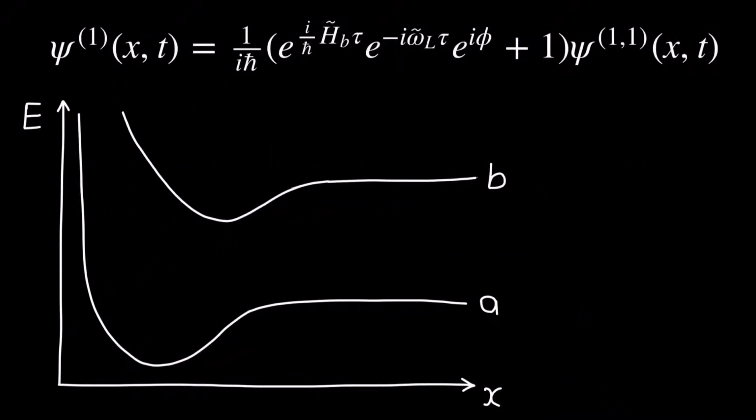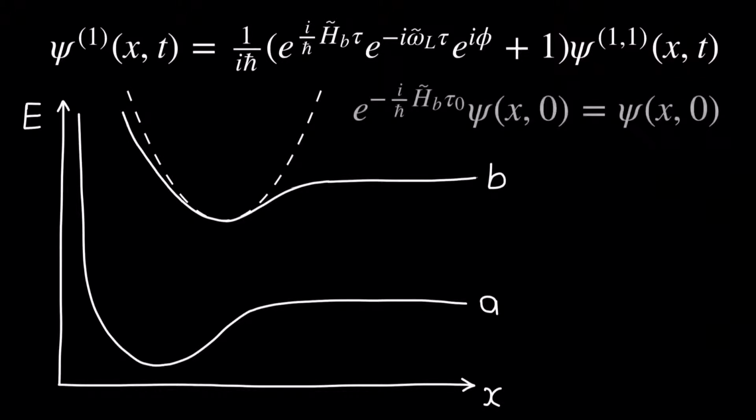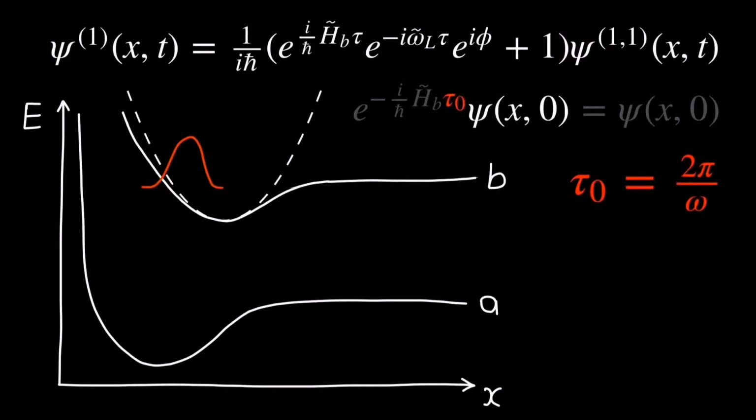Now we can make more progress if the excited state behaves exactly like a harmonic oscillator. In this case, any excited wave packet will oscillate in the excited potential with a frequency and period. After one period, the returning wave packet will look the same as when it started.